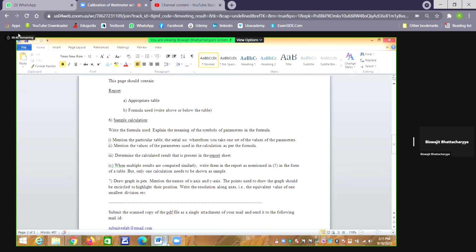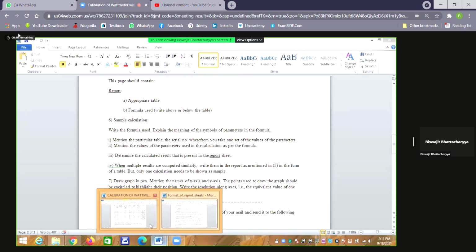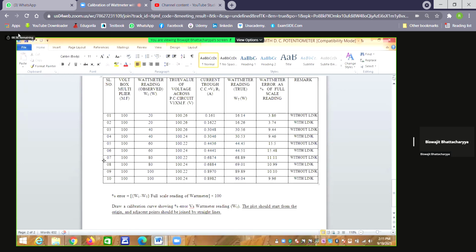In the sample calculation, write the formula used, explain the meaning of the symbols or parameters in the formula, and take any particular serial number, just arbitrary. Say, as an example, take serial number 5. Using the reading of serial number 5, we get V equal to 100.22, current I equal to 0.4436 ampere.